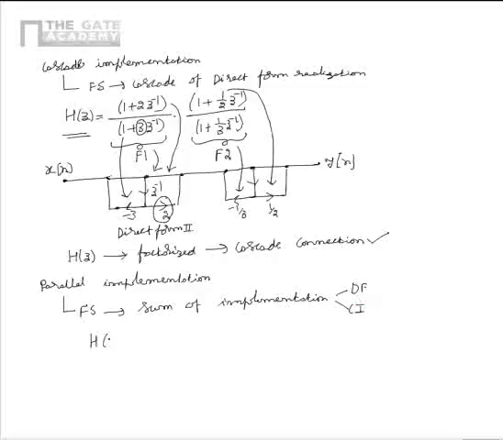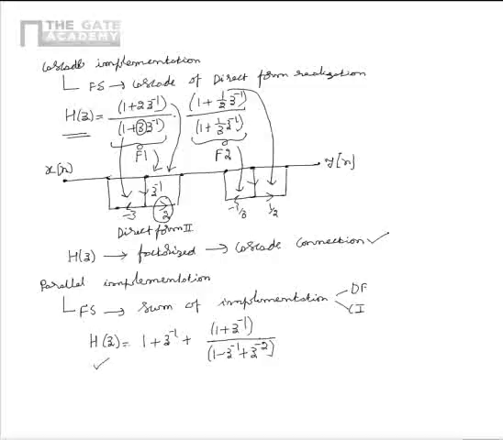Let us consider an example in which the system function of an LTI system is given as 1 plus Z inverse plus 1 plus Z inverse divided by 1 minus Z inverse plus Z power minus 2.